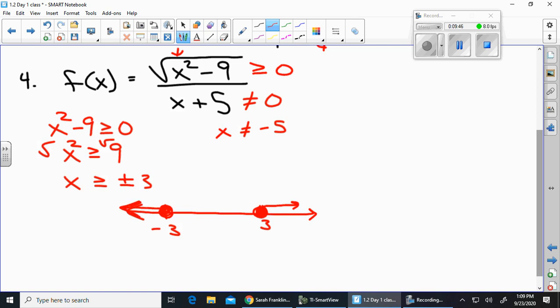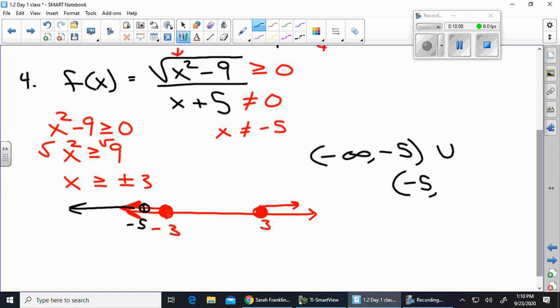Now we have to think of this thing, negative 5, it doesn't work. So really, left to right, what can you put in? Anything to the left, up to negative 5. Negative 5 won't work, so I write it twice.